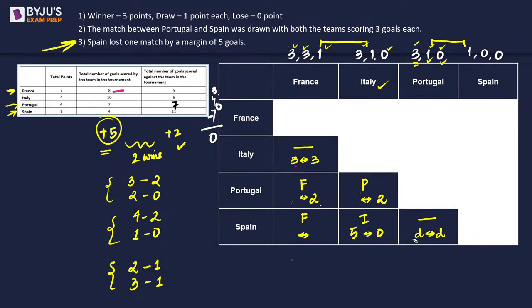With both teams scoring 3-3 points each. इसका 3-3 है.